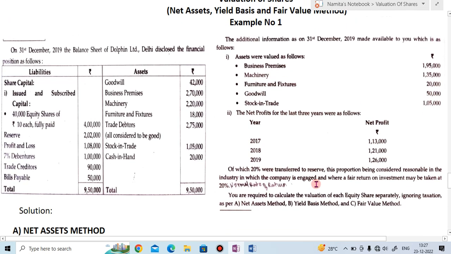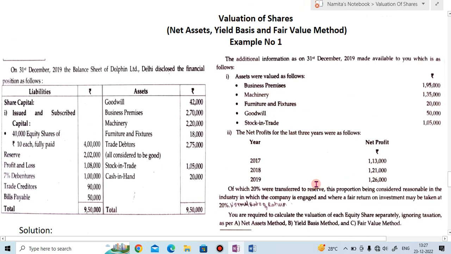This is very important for your examination. Always in examination the fair value method is asked. That's why in fair value method, first you have to find the net asset, then second you have to find the yield, and then find the average of both the methods.